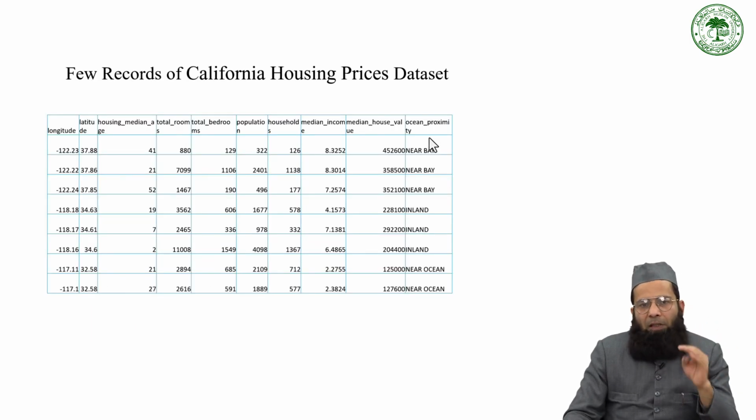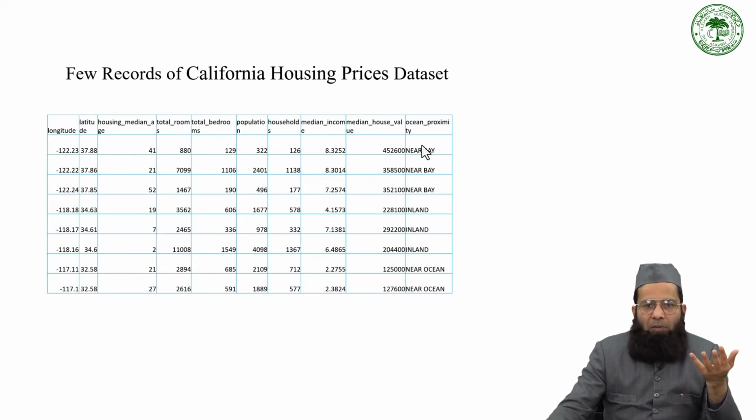There are certain records of the California housing prices dataset. You can see here ocean proximity: near bay, inland, near ocean, and so on. Similarly, median house value. We want to predict this value. The target is to predict the median house value, and these are the other independent variables.